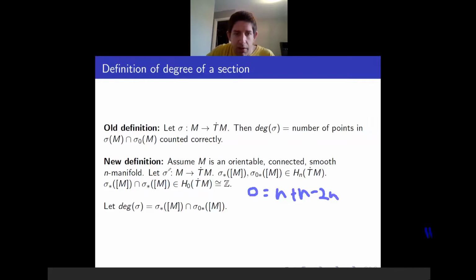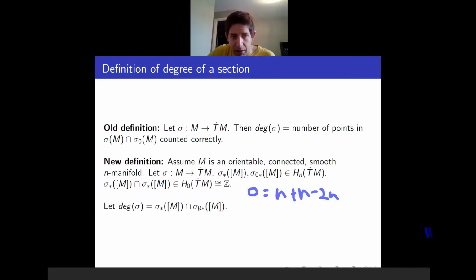So the dimension of the domain of sigma plus the dimension of the domain of sigma 0 minus the ambient dimension, so that gives you 0. So this intersection product gives us a class in H_0, and if the manifold is connected, then the one-point compactified tangent bundle is connected, so this is just Z. So we just define the degree of sigma to be this homology class, which is naturally identified with Z, so you can view this as an integer.